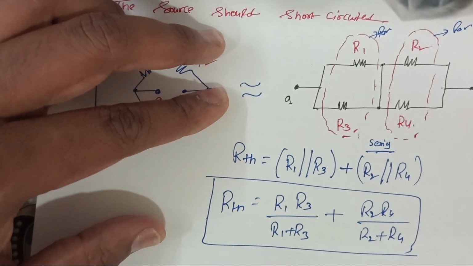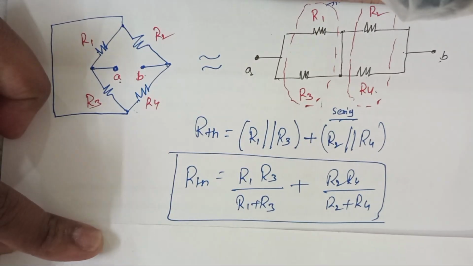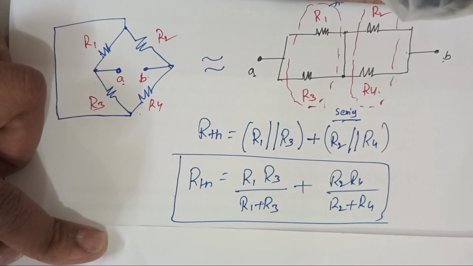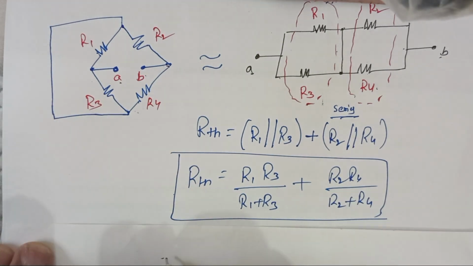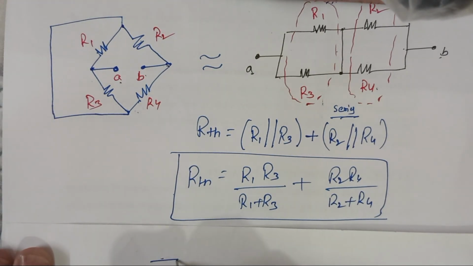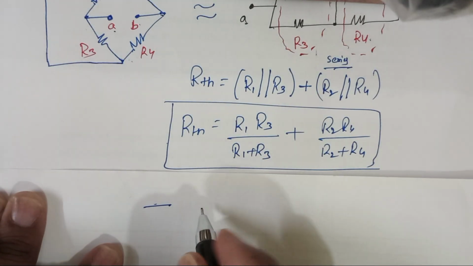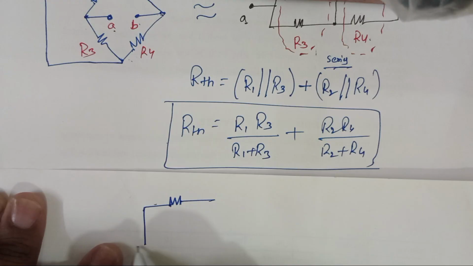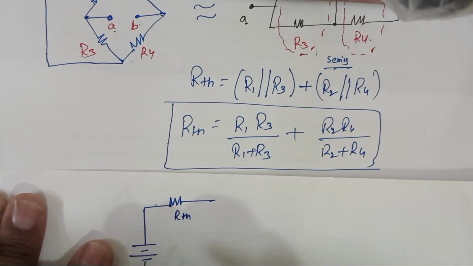Here we have determined RTH and ETH. Now the modified circuit looks like this, with RTH and ETH.